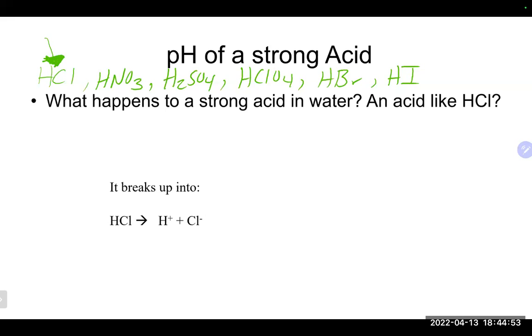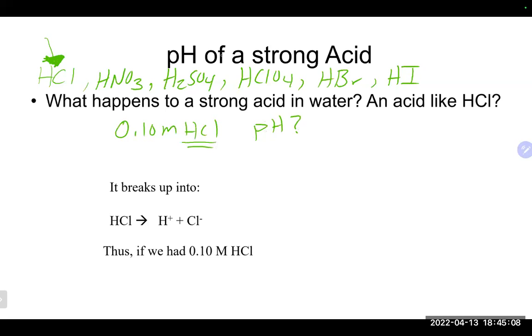So what's important when we want to calculate the pH, and we're told, hey, for example, here you have a 0.1 molar hydrochloric acid solution. What is the pH? First off, we would look at this and know it is a strong acid. So again, as we see on the bottom there, it is going to 100% break apart into H plus and Cl minus here.